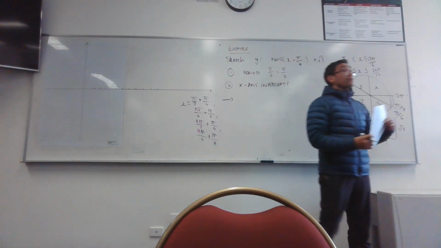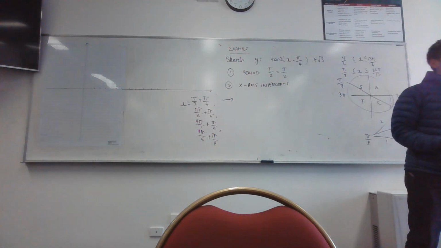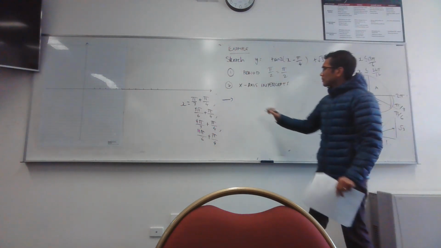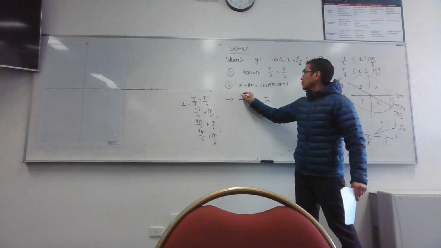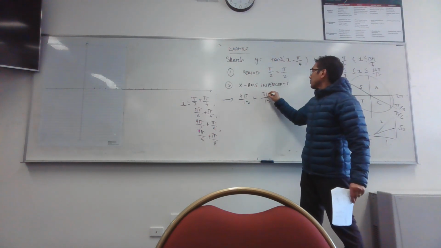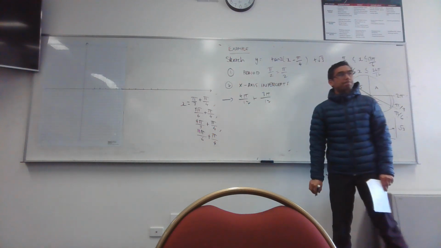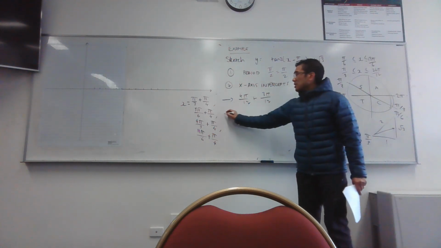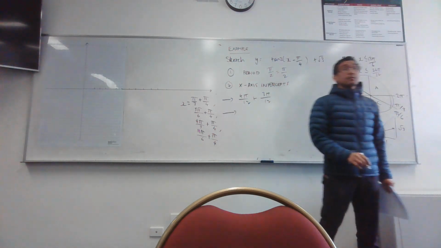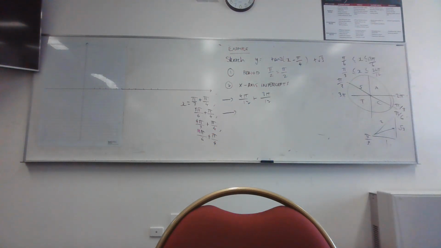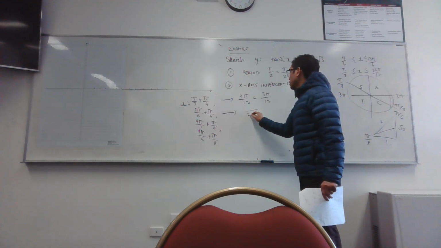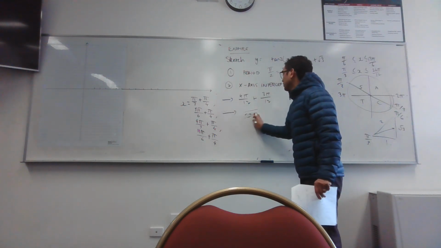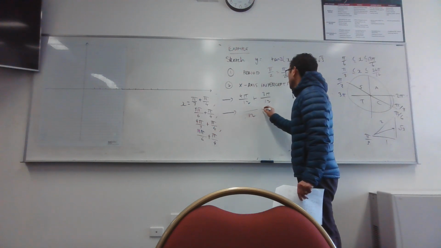Pi on 3 plus pi on 4, good common denominator, Gabe. 12s. 6 and 4, what's a good common denominator, Maya? 12. Good. You can do 24, but that's too much work.